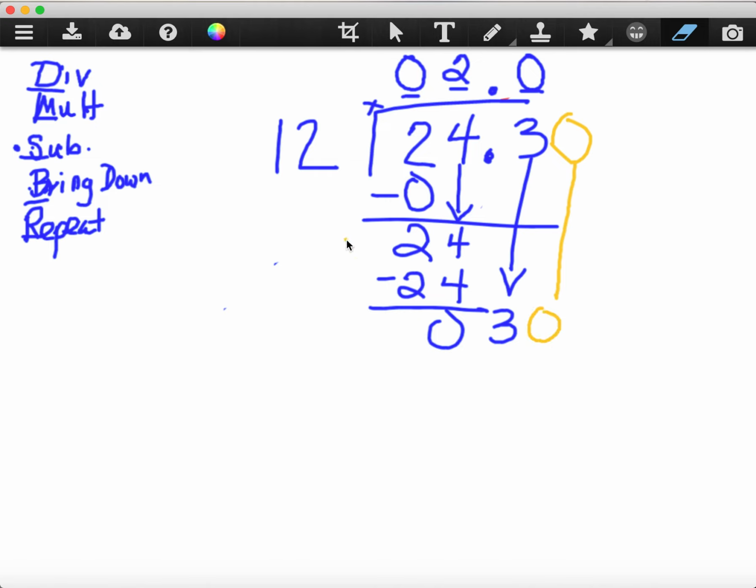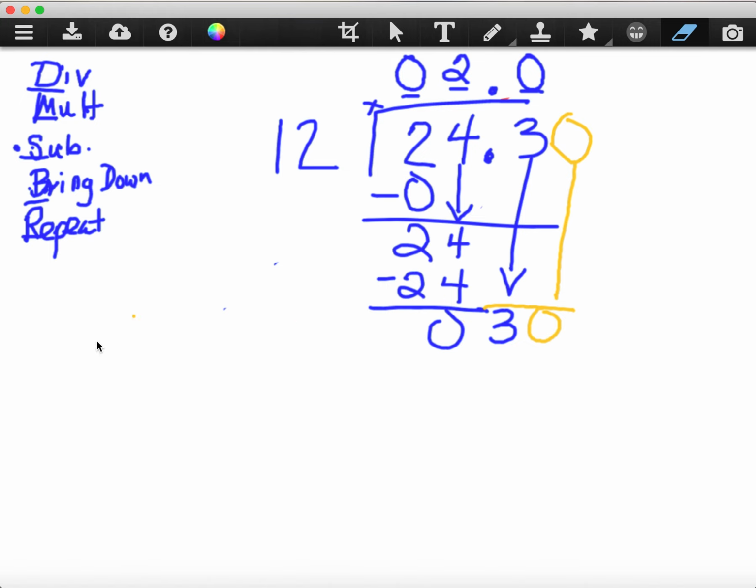Bring it down. And we ask ourselves, how many times can 12 go into 30? Now here's where you want to start doing some of your estimating when you've got double digits. Let's think of 12 as like 10. How many groups of 10 are in 30? Well, you know 3 times 10 is 30, so 3 groups. But we've got 12, a little bit more. So if we said 3, that might be a little bit too much.